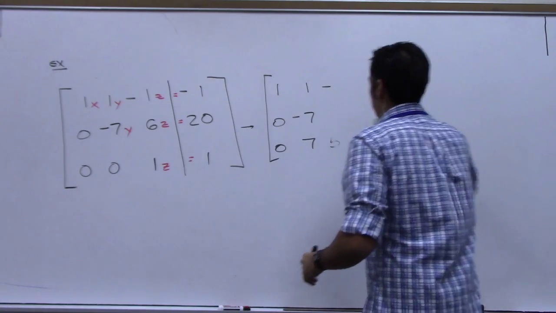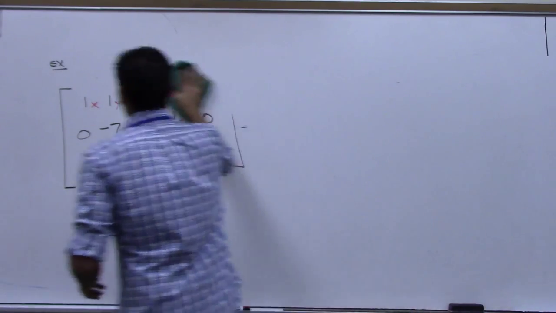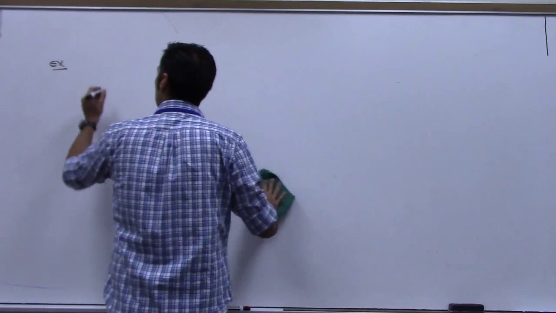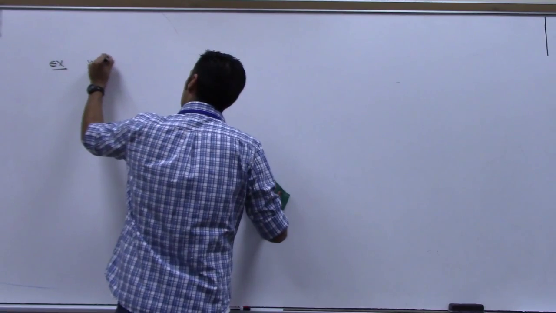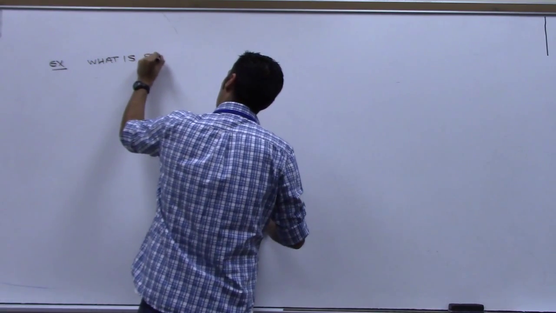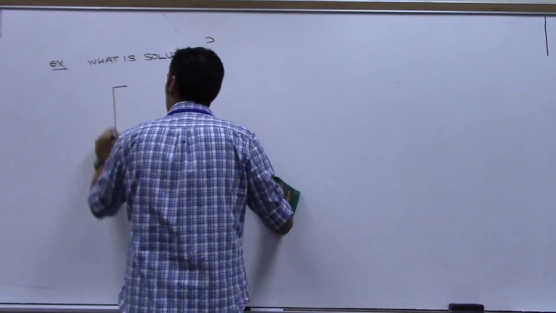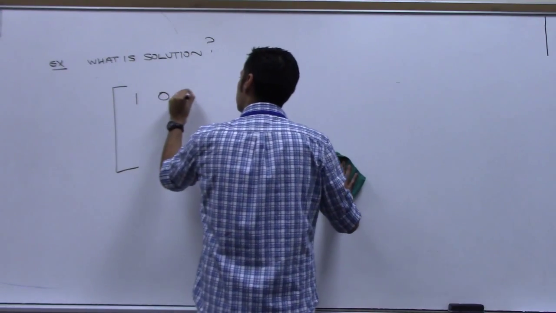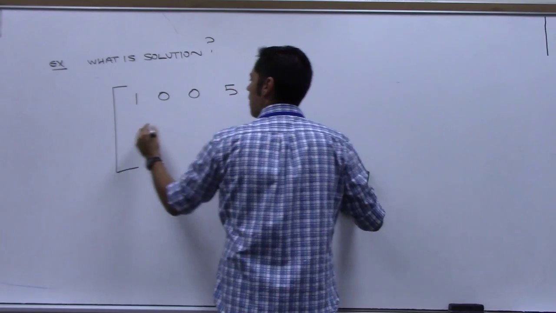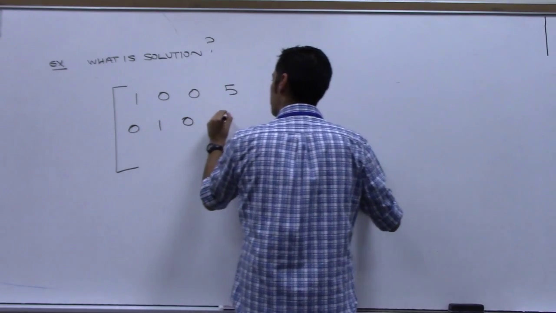All right. What if you had a matrix that says this? What is the solution? So what if I give you this? I tell you, hey, I've got this matrix. It's an augmented matrix.